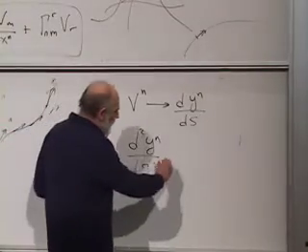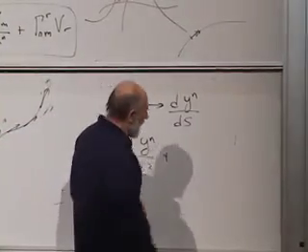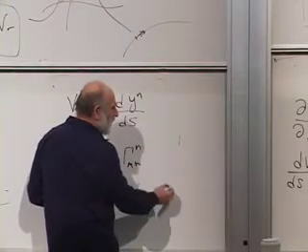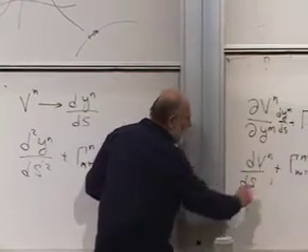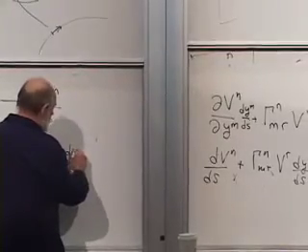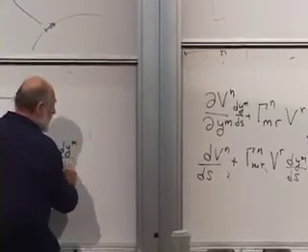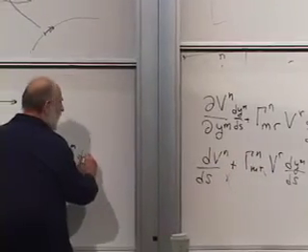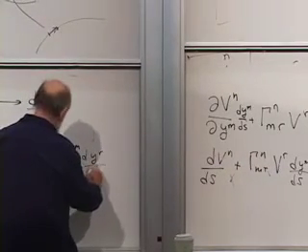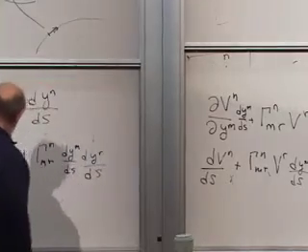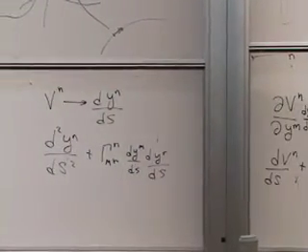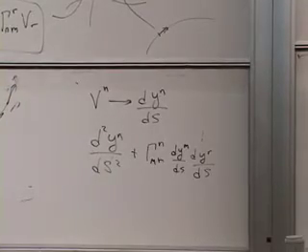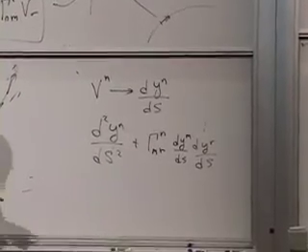And then what's the other term? Gamma^n_mr. Let's write down, what is it, dy^m by ds. And then V^r is just dy^r by ds. So the first term is just the second derivative of y with respect to s.